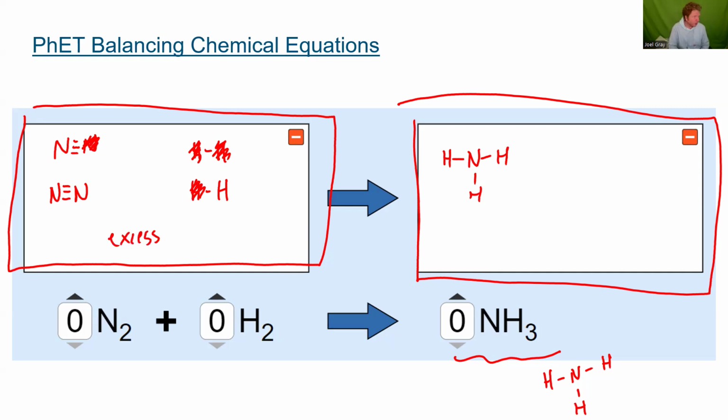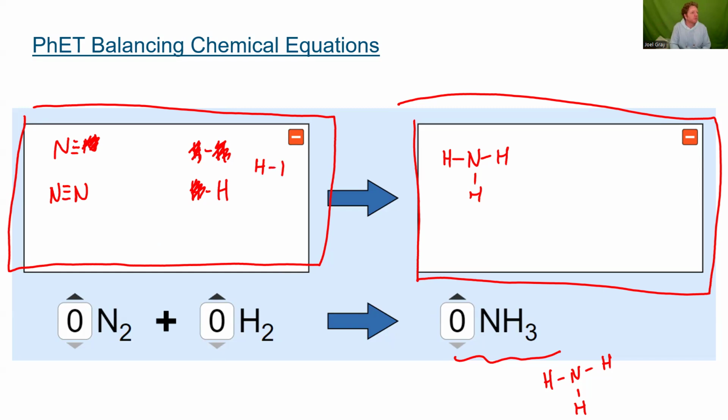Now, I want to build up the nitrogens and hydrogens and get complete use of all of them. My question for you guys is what should I add more of, N2 or H2?